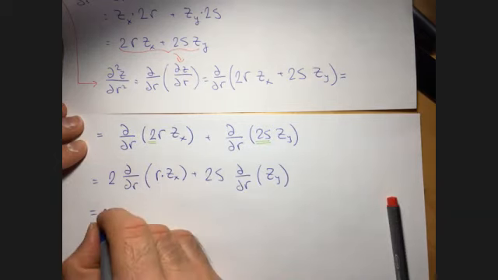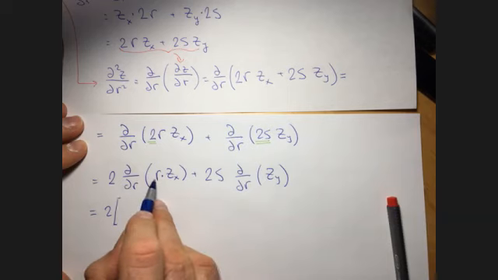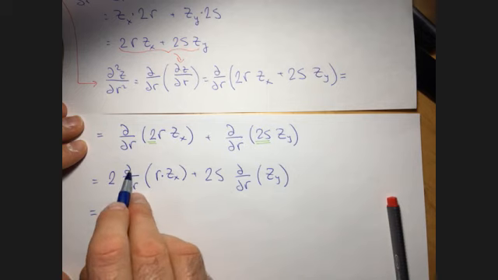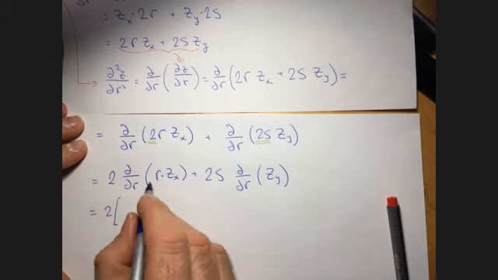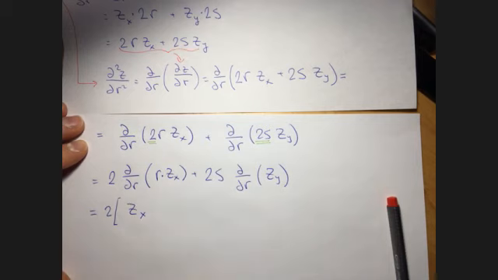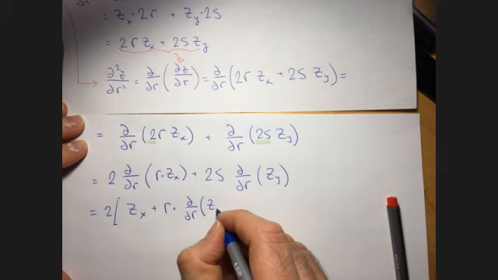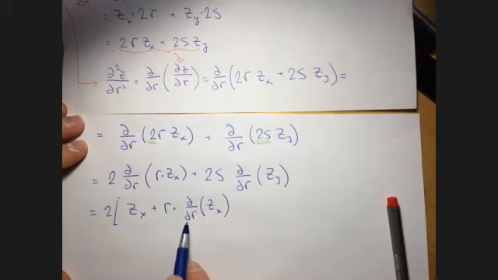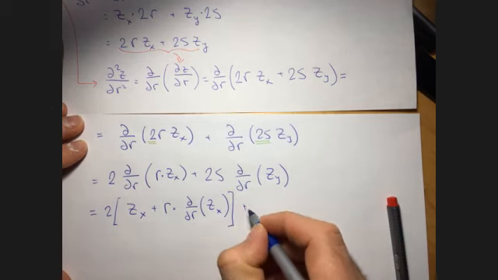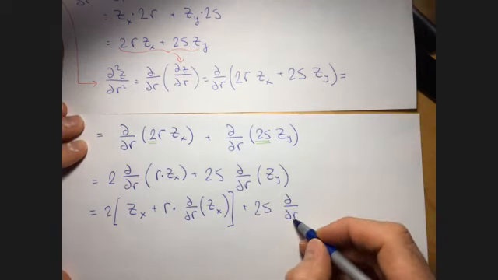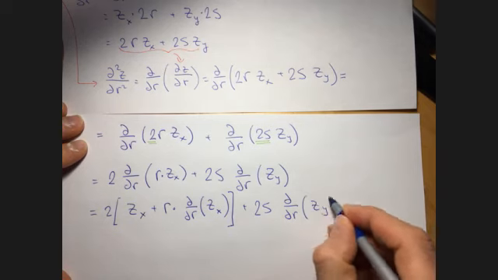So that is going to be equal to 2, derivative of r with respect to r is just 1, so d dr of r is 1, 1 times partial z partial x plus r times the partial derivative with respect to r of partial z partial x, plus 2s, the partial derivative with respect to r of partial z partial y.